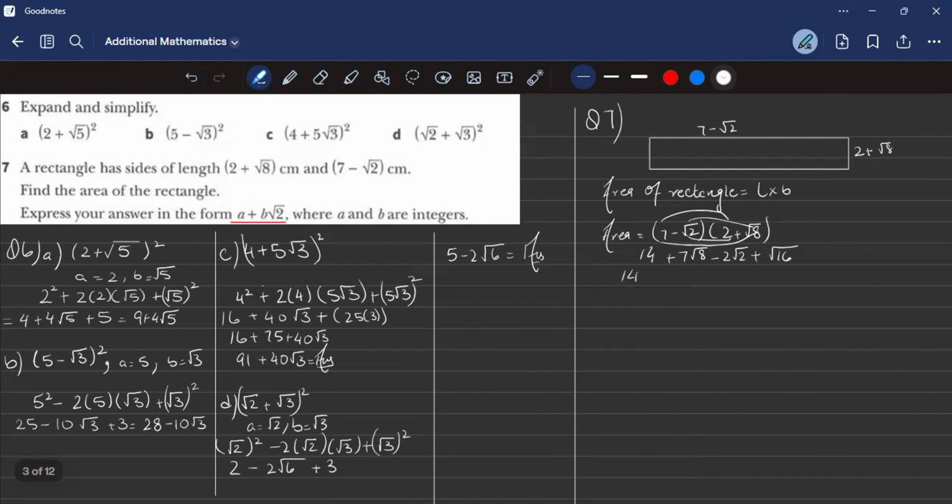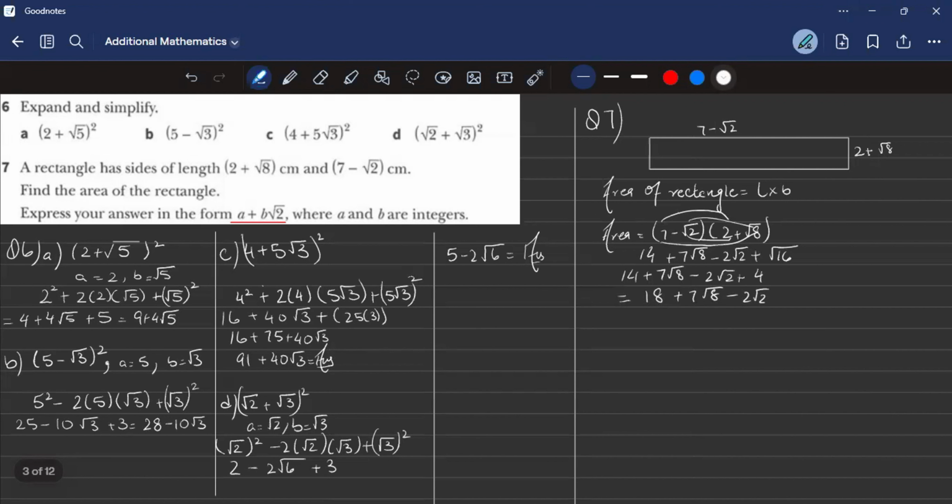So 14 plus 7 under root 8 minus 2 under root 2 plus what is under root 16? It is 4. Now simplify this. 14 plus 4 is 18. 7 under root, sorry, I made a mistake. So it equals 18 plus 7 under root 8 minus 2 under root 2.